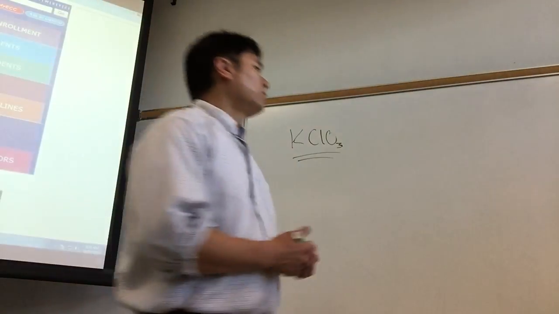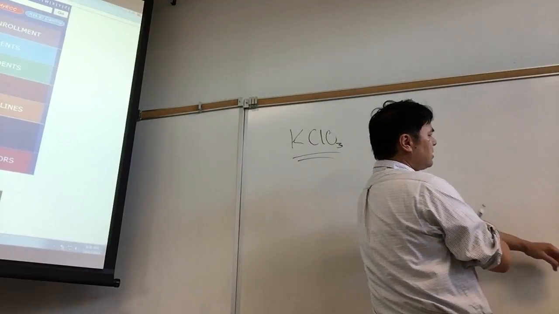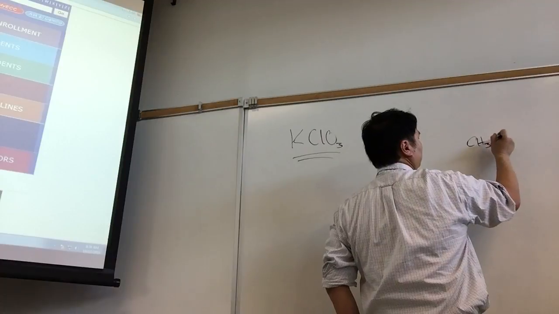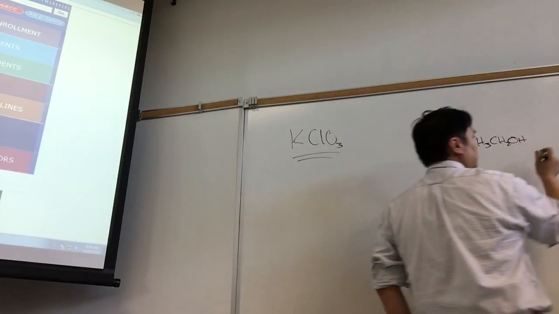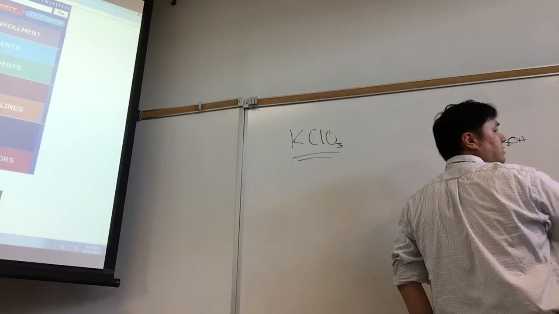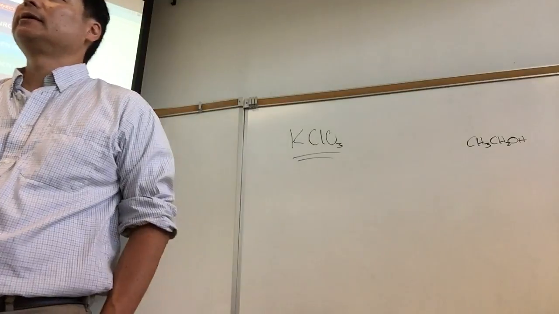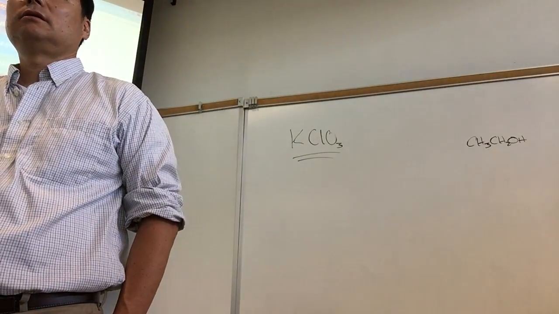No. And so what happens is in the body, if you were to consume something like ethanol, and burn it, you get CO2 and water. If we take ethanol and consume it, you know what we get at the end?